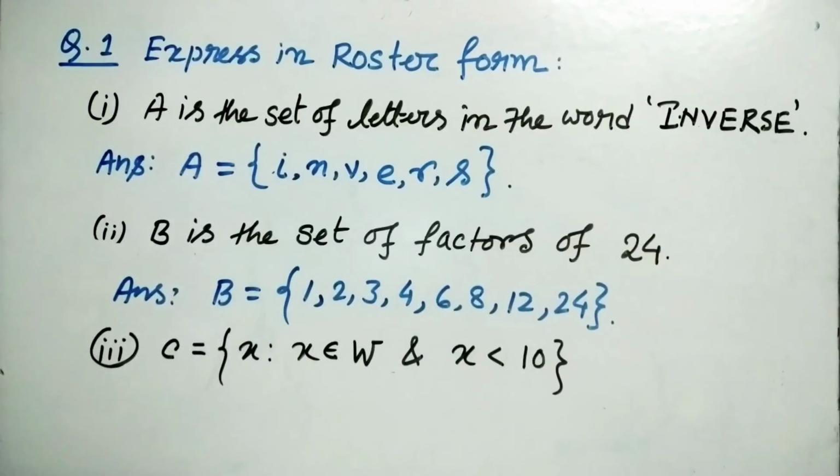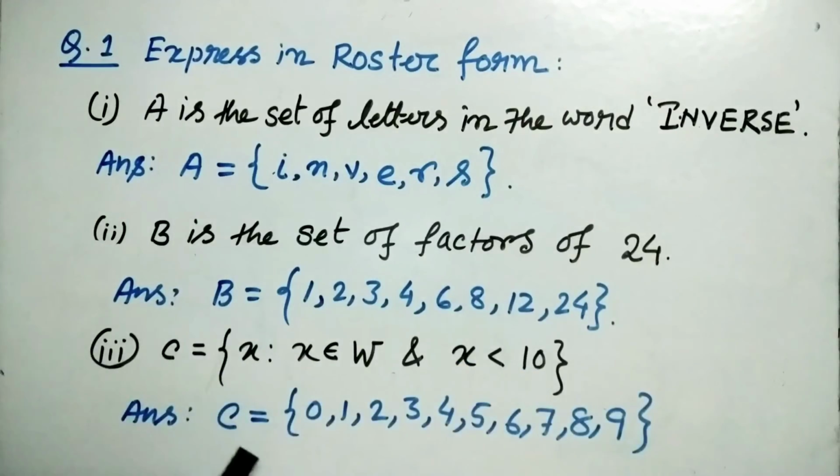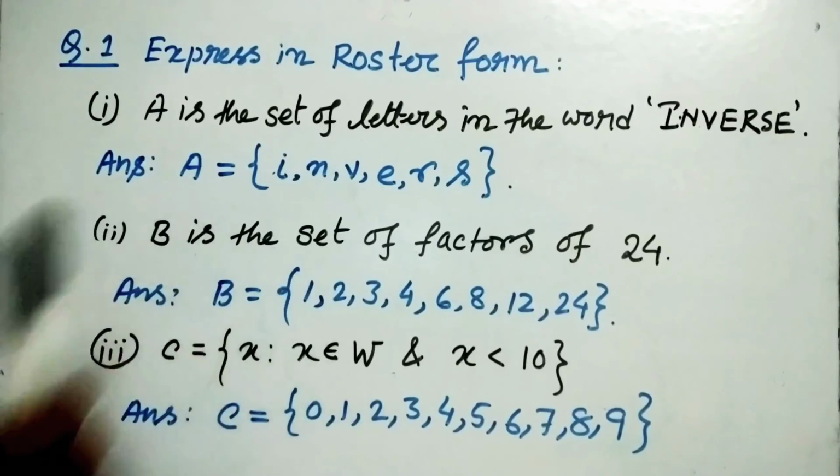Now you think carefully that whole number starts from 0. So we will count from 0 to 10, but we will not take 10 because the number x is less than 10. Okay, now x represents all the numbers with this condition, and this set which was represented in set builder form is now represented in the form of roster.